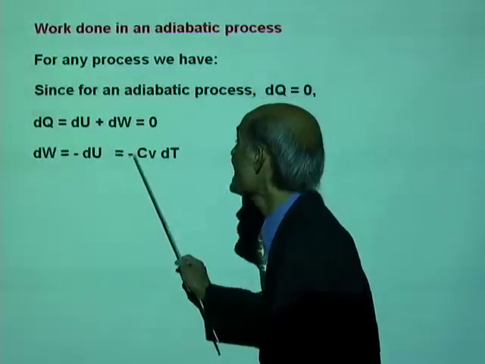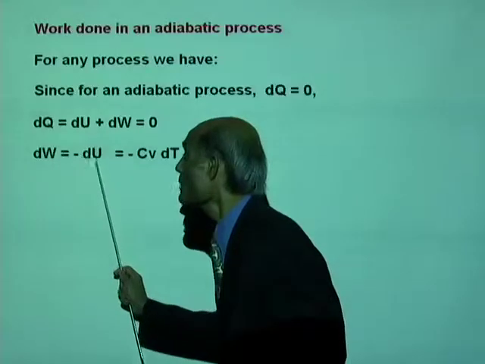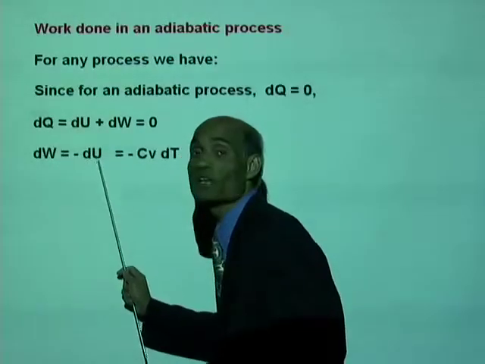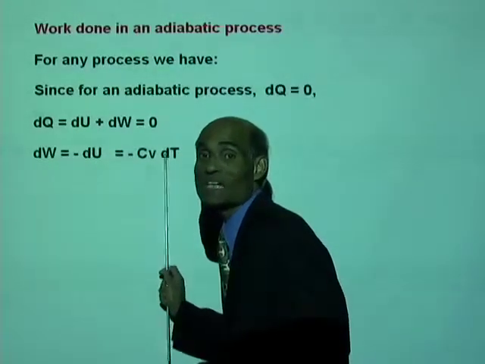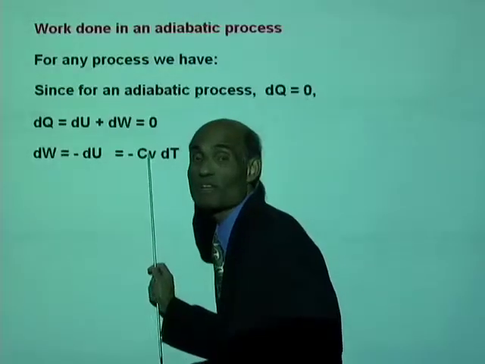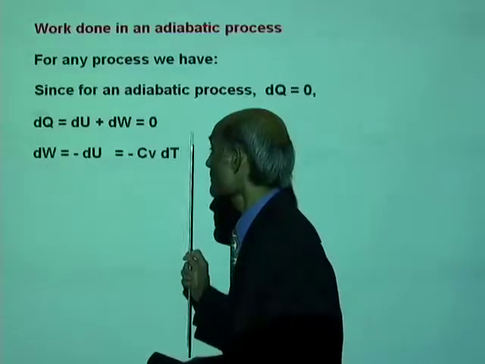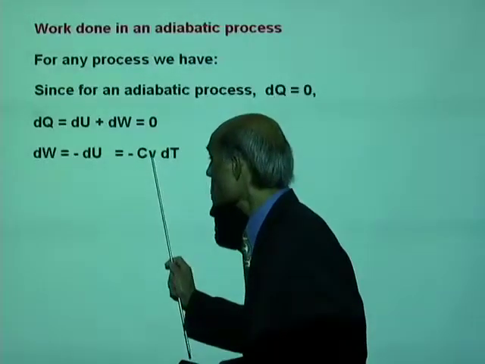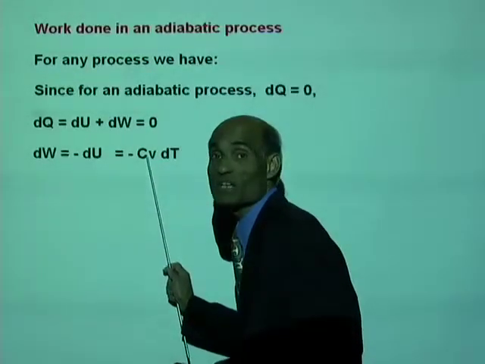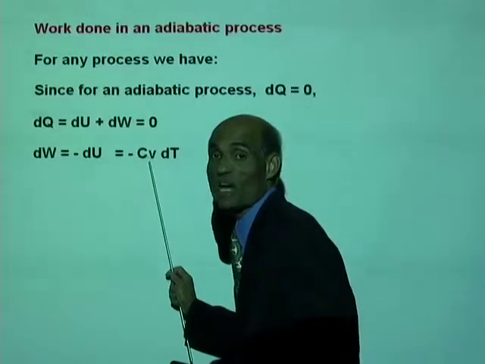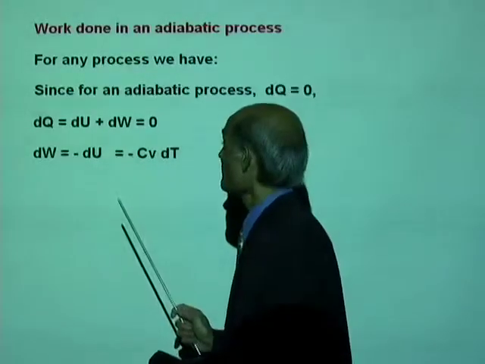Now I hope that by now this is familiar to you. du by dt is Cv. Therefore du is Cv dt. Now V must be the subscript here, C sub V dt.